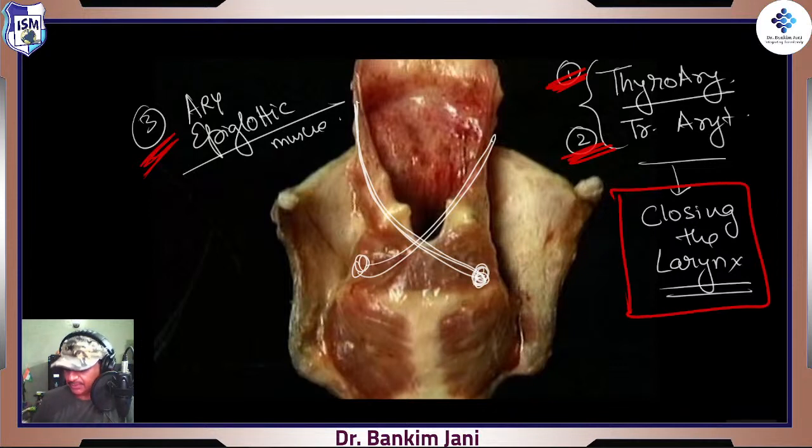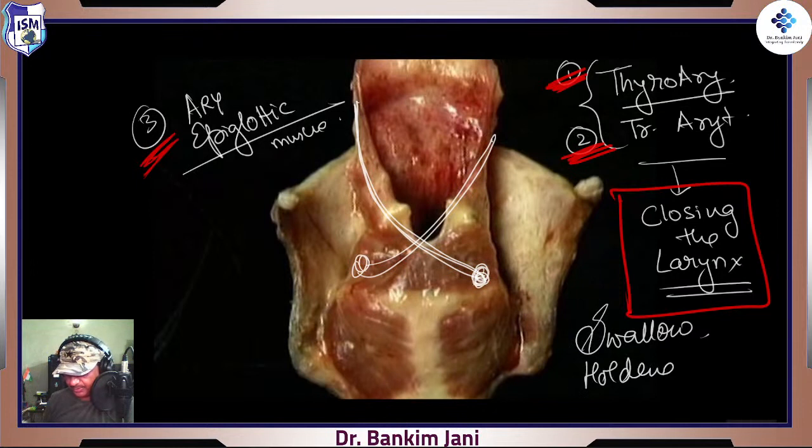And that is what is needed when you swallow something, when you drink something, when you hold your breath. So during all these stages, when the larynx has to be absolutely shut down, that's what they really do. Now, still more interesting thing.